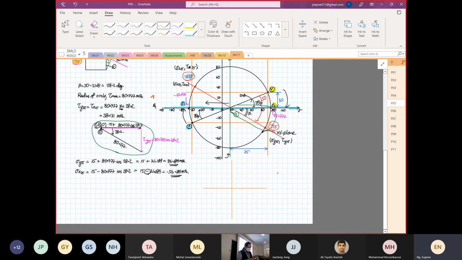Then we are going to rotate this clockwise 50 degrees.